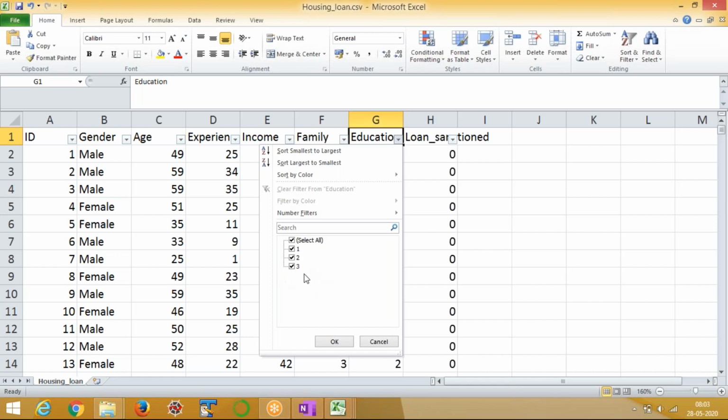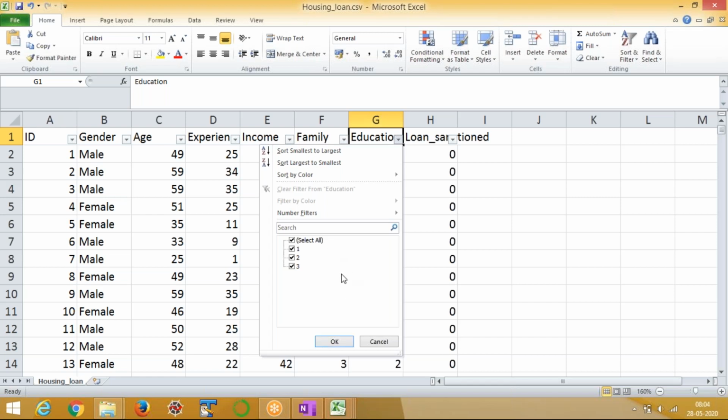If you get such information, you should make it clear what exactly 1, 2, 3 stand for. Generally, they will provide a separate document about what each variable means. But if something is missed at the beginning itself, you need to make sure what the variable is following. In 99% of cases they will provide it. If it is missed, then you need to talk back and make it clear.